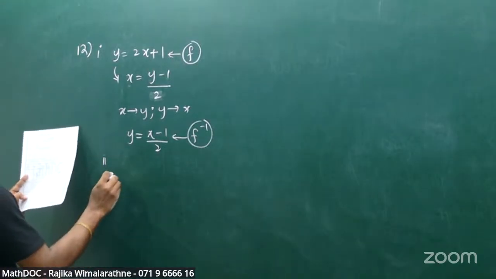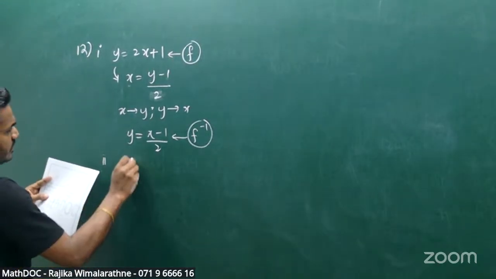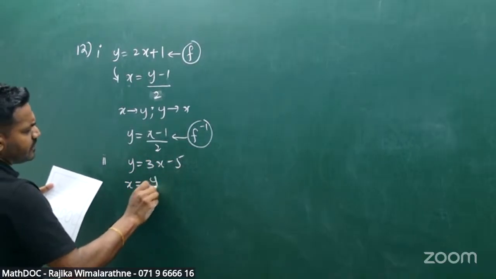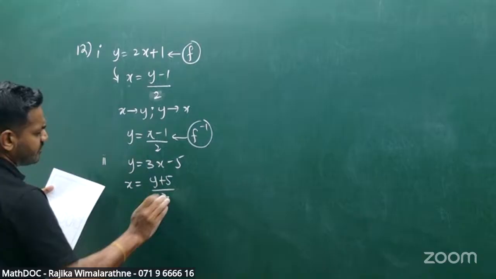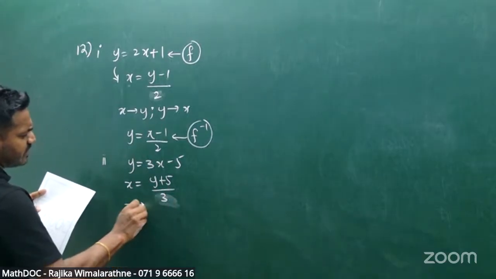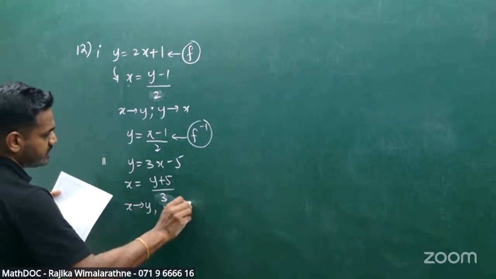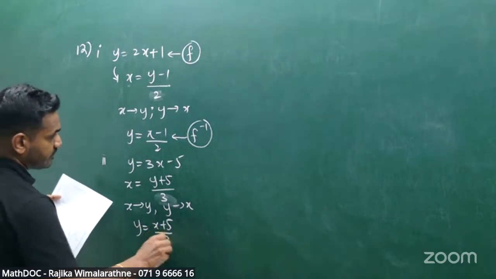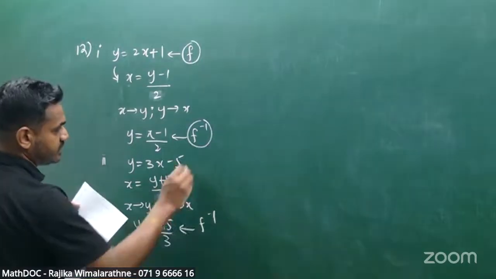Second one, y equals 3x minus 5. Subject x: y plus 5 over 3. Then replace x by y and y by x. y equals x plus 5 over 3. Here the inverse function; this is our function.